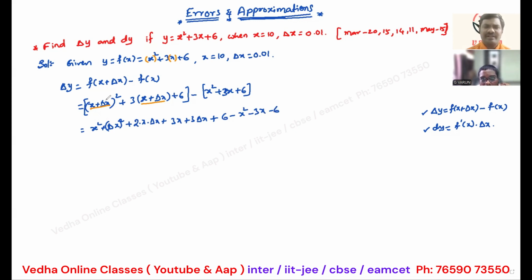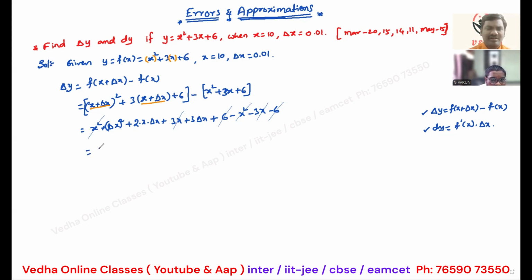After that, is there any possibility to cancel? Plus x square and minus x square cancel, minus 3x and plus 3x cancel, and plus 6 and minus 6 get cancelled. What is remaining here? In the remaining terms, take delta x common.